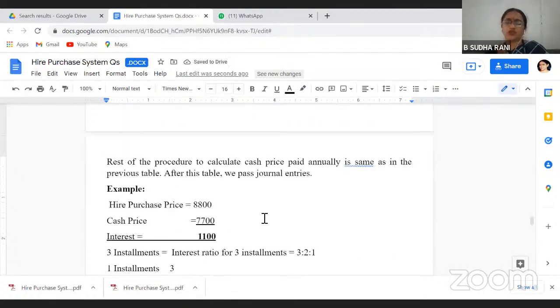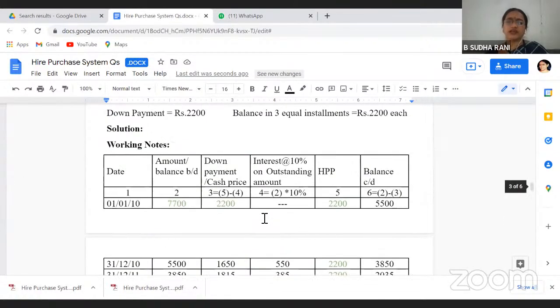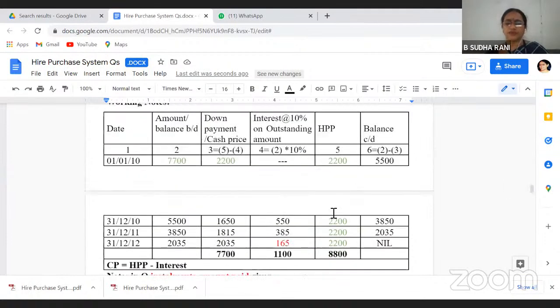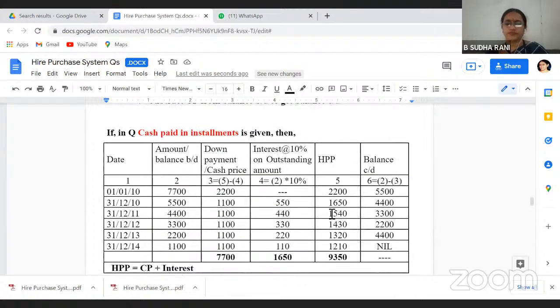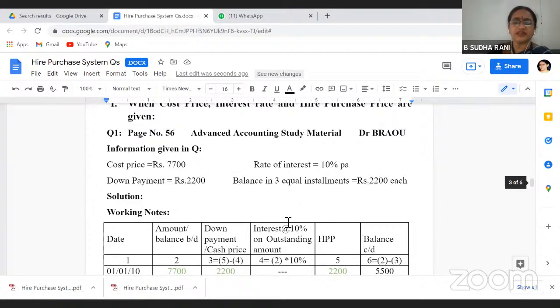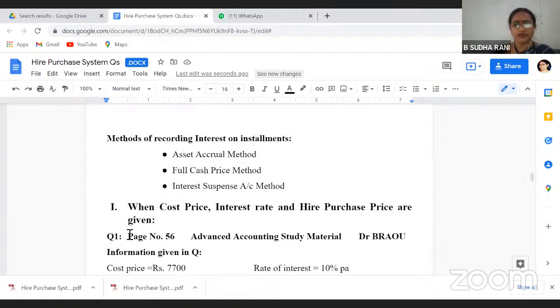When installments are equal and all three are given, we calculate in this way. In this question, he gave only the cash price. So actually, this is the most repeated question. You thoroughly learn it.